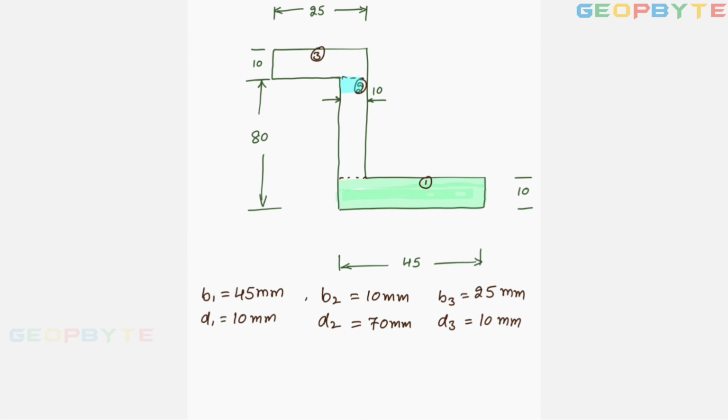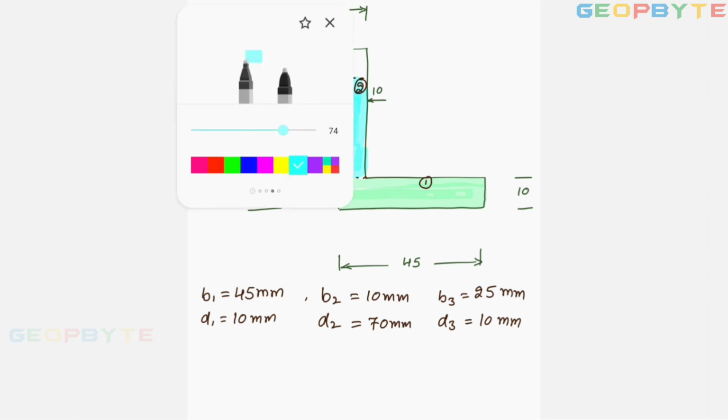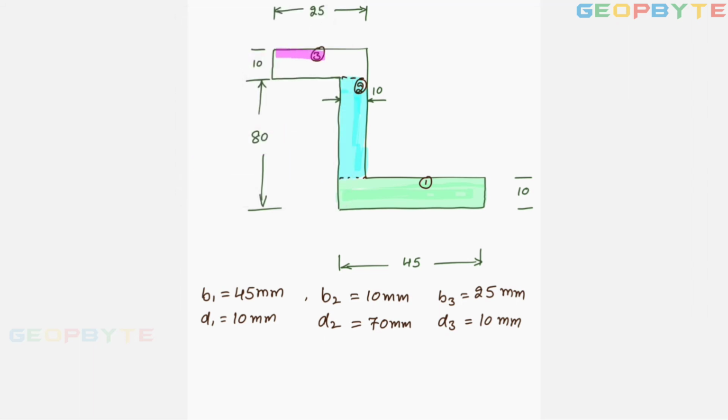This is the second rectangular section, and the upper one is the third rectangular section. This is one more rectangular section like this. Three sections.